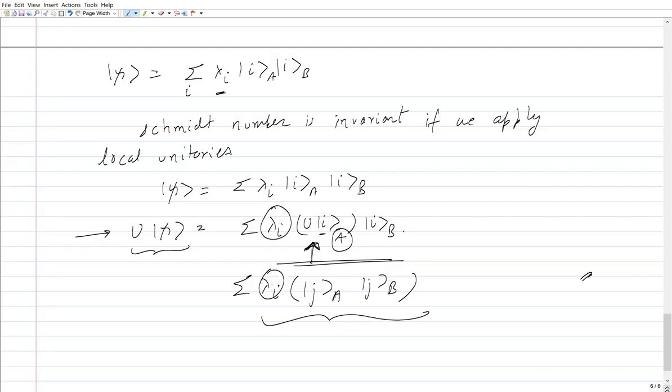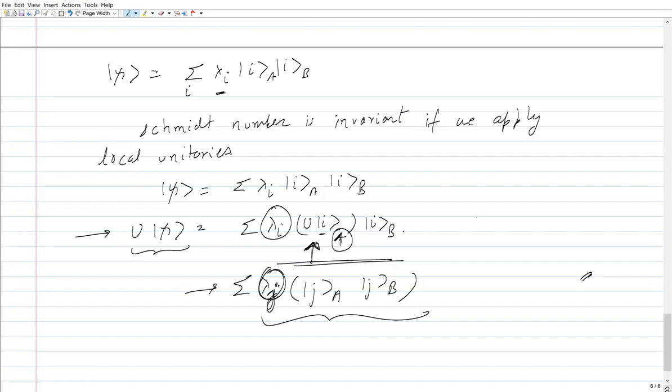Schmidt number remains invariant. So when the state is acted upon by a local unitary operator, I mean a Hamiltonian acting on system A alone, for example, nothing happens to the Schmidt number. So the Schmidt number or the entanglement of a state is invariant under local operations or local unitary.